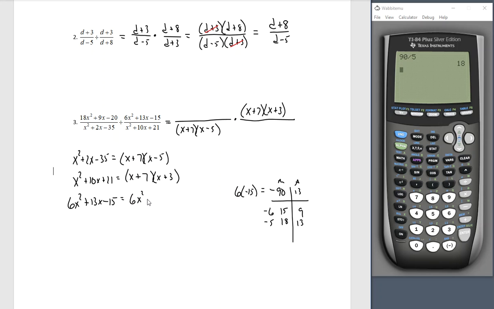I'm going to write down all the steps. I'm going to rewrite 6x squared plus 13x minus 15 as 6x squared minus 5x plus 18x minus 15. These first two only have an x in common.